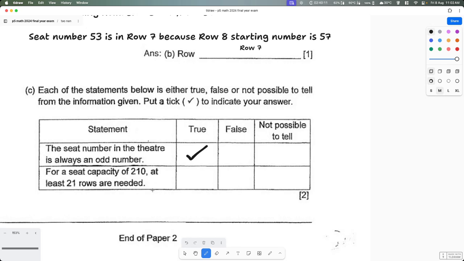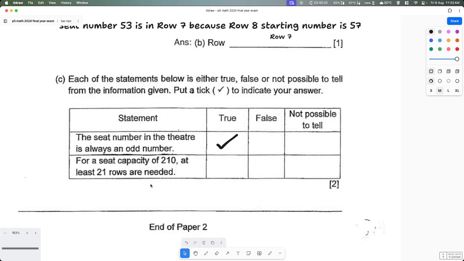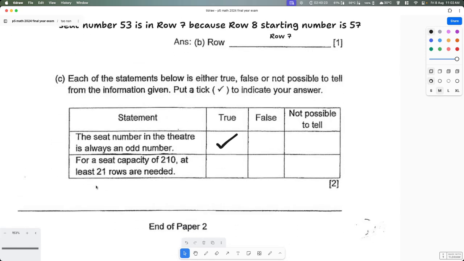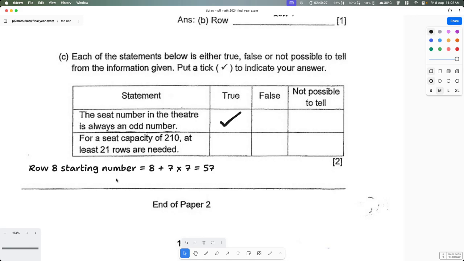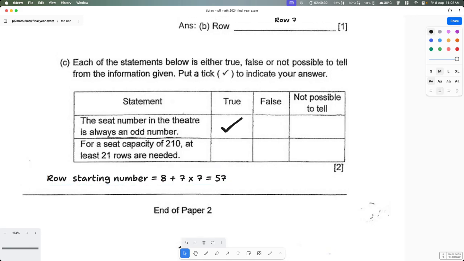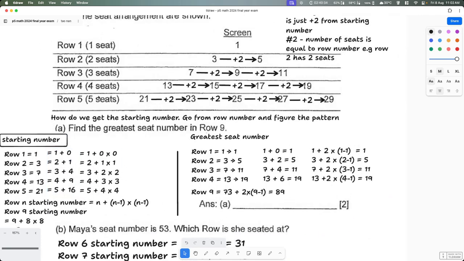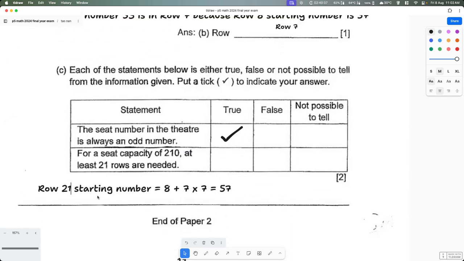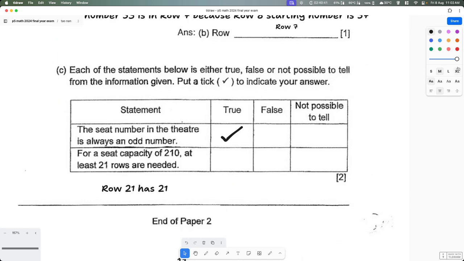Okay, for a seat capacity of 210, at least 21 rows are needed. Okay, so seat capacity of 210. So we know row 21. So we know that there are 1, 2, 3, 4, 5. Okay, so row 21 has 21 seats.